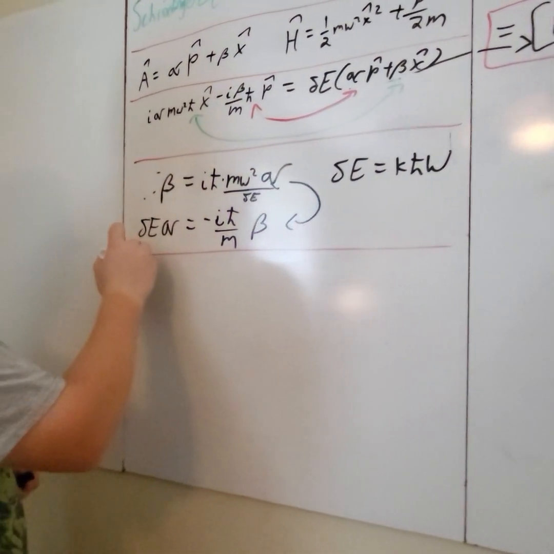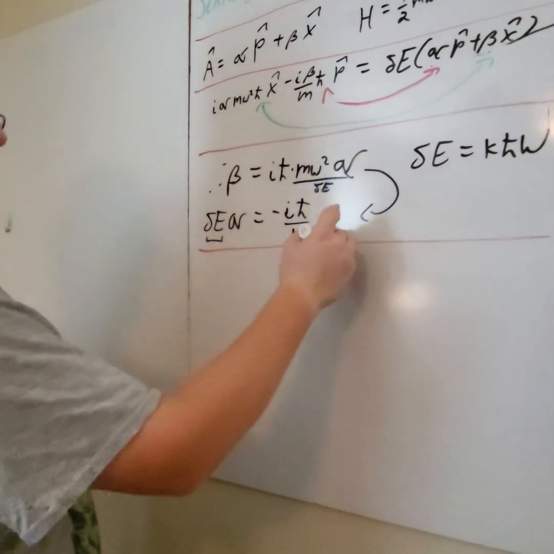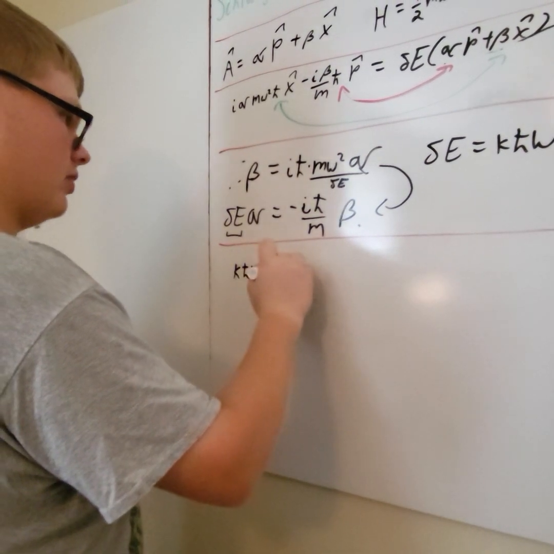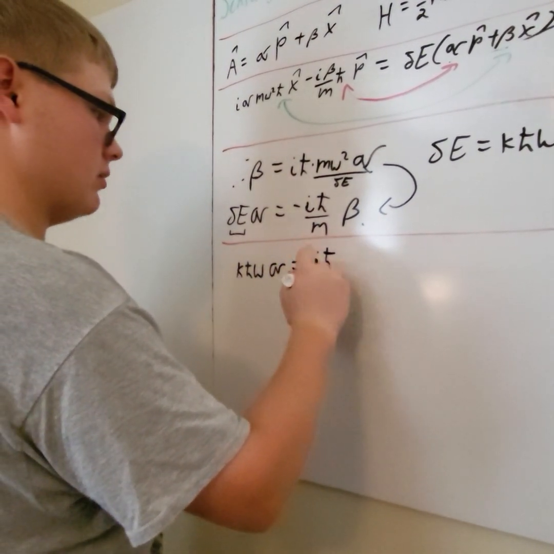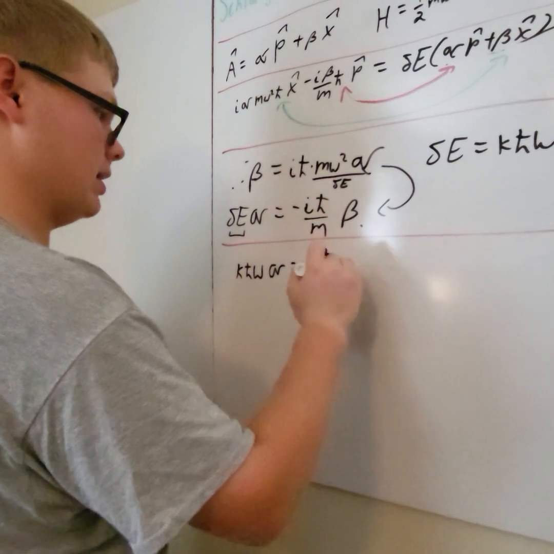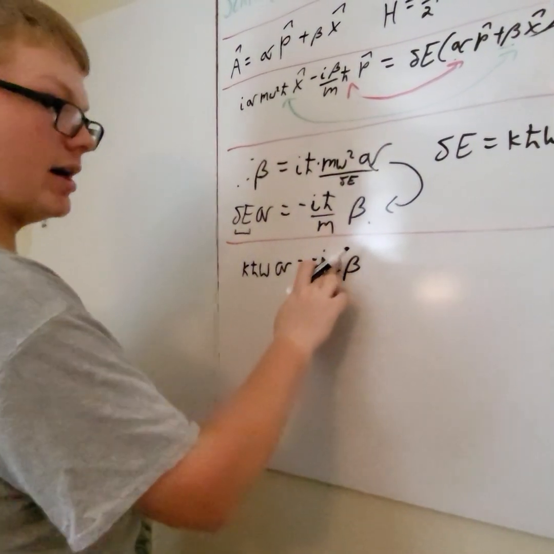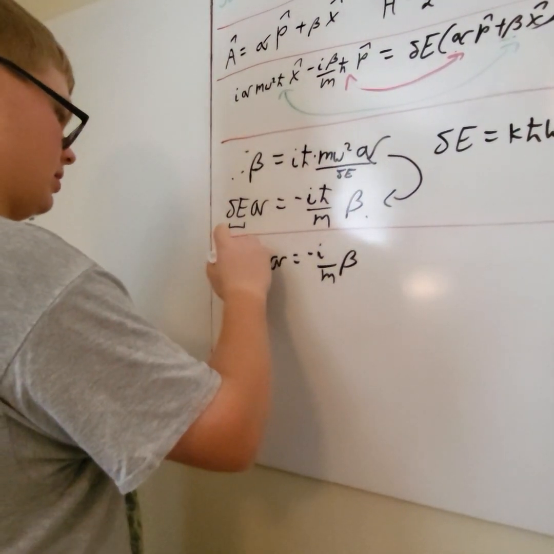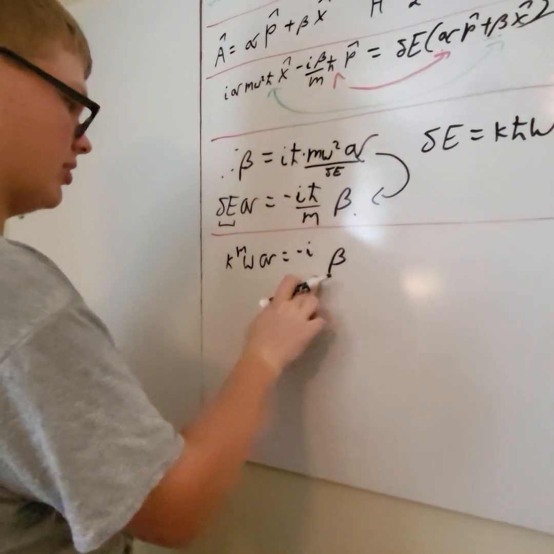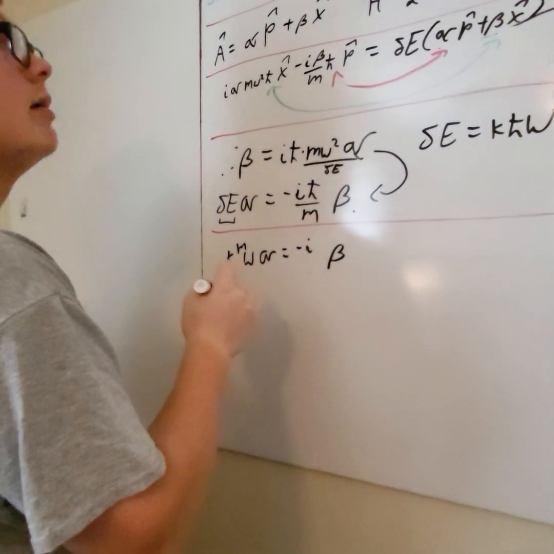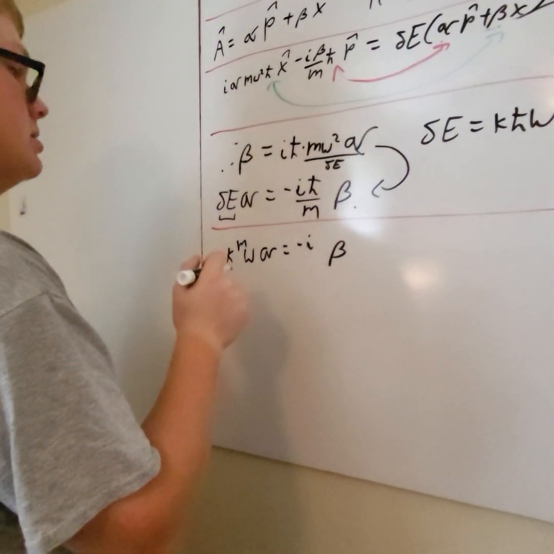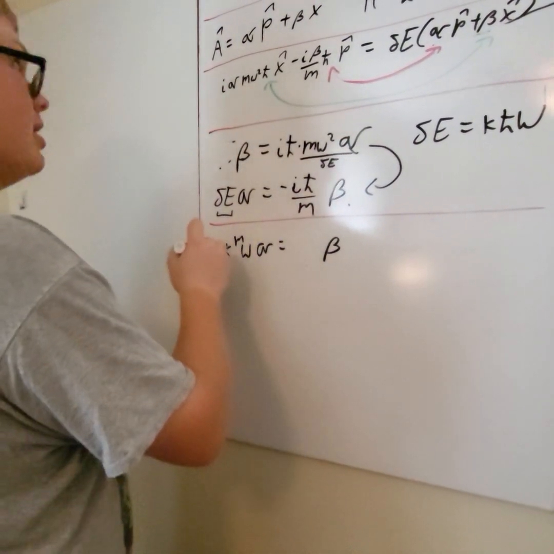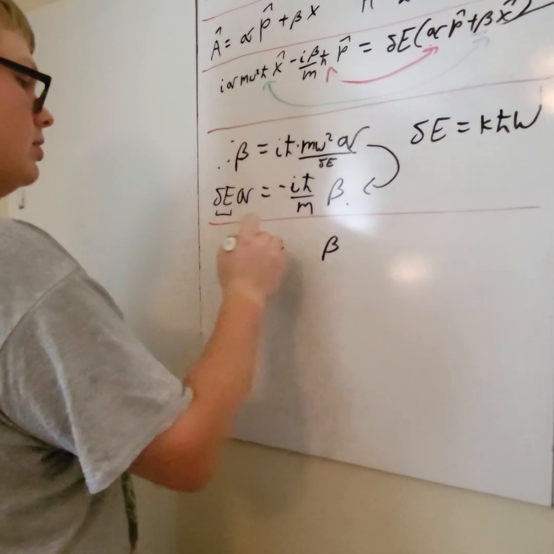Now we can plug this into this equation right here. So k h bar omega alpha equals negative i h bar over m beta. Cancel that little factor of h bar, and multiply both sides by m, and multiply both sides by i.